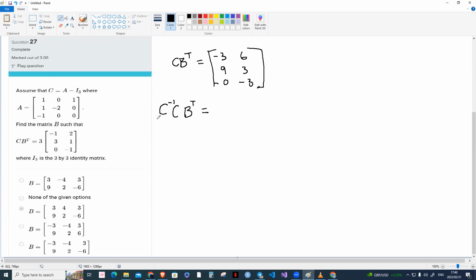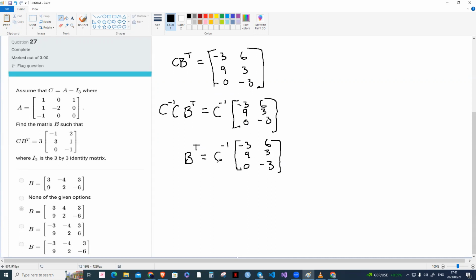And because we multiplied on the left hand side, we must do the same thing here. The same, the left hand side, minus 3, 6, 9, 3, 0, minus 3. And then this will give us B transpose, which is equal to C inverse times minus 3, 6, 9, 3, 0, minus 3.